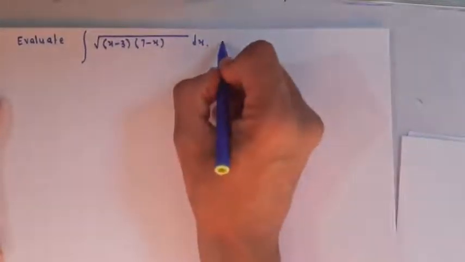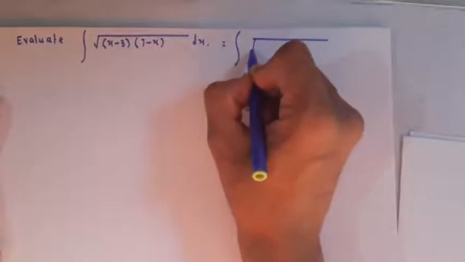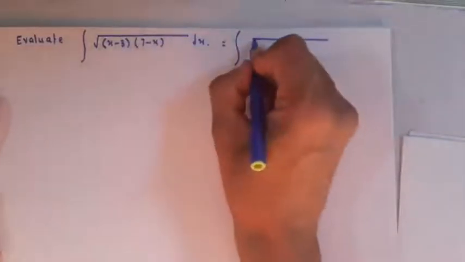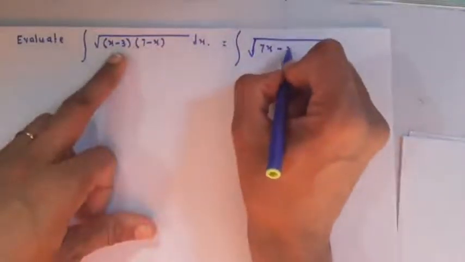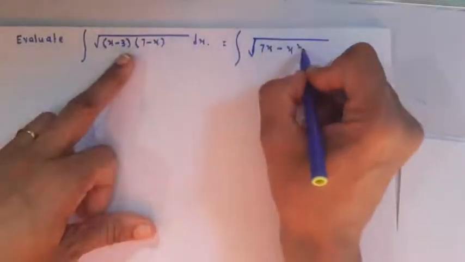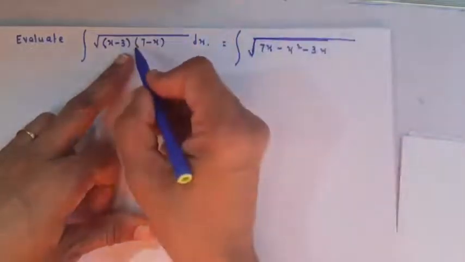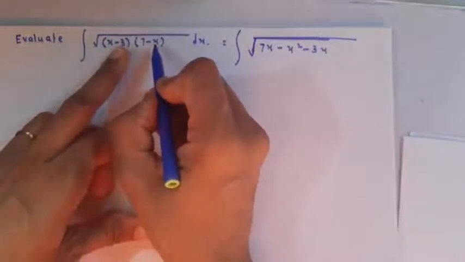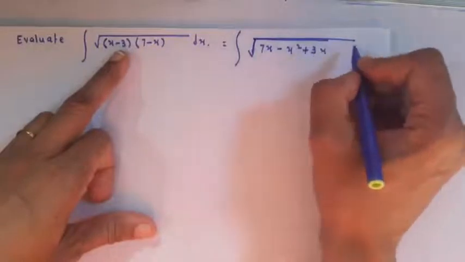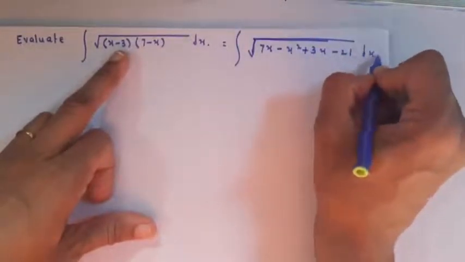Let us solve the bracket first, that is integration of 7 into x, that is 7x minus x square, then minus 3x, 7x, then minus x square, minus plus 3x, and that is minus 21 with respect to x.